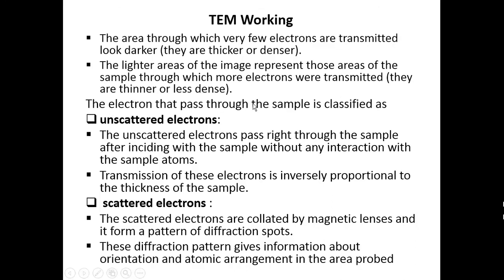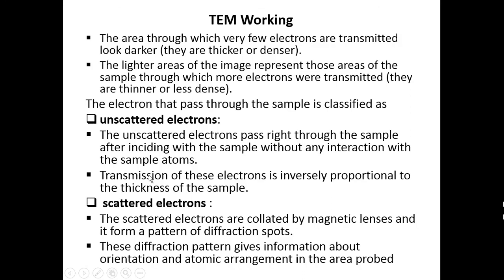The electrons that pass through the sample are classified according to the different kinds of interactions that take place, which we have seen in the schematic diagram. The most important are unscattered electrons. The unscattered electrons pass right through the sample after being incident, that is, the incoming beam which hits the sample surface, without interaction with the sample atoms.